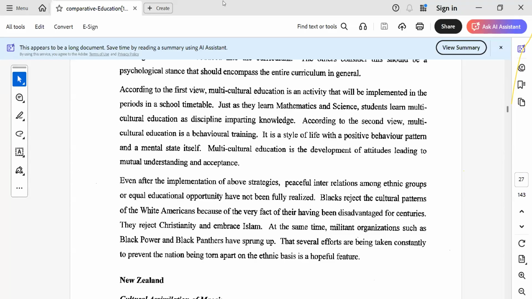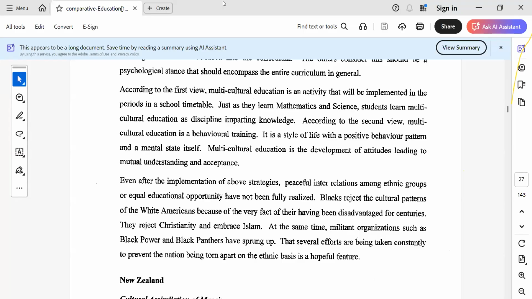Even after the implementation of the above strategies, peaceful interrelations among ethnic groups on equal educational opportunity have not been fully realized. Blacks reject the cultural pattern of white Americans because of the very fact of their having been disadvantaged for centuries. So they reject Christianity and embrace Islam. At the same time, militant organizations such as Black Power and Black Panther have sprung up.